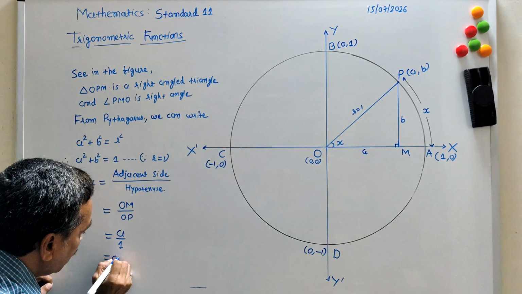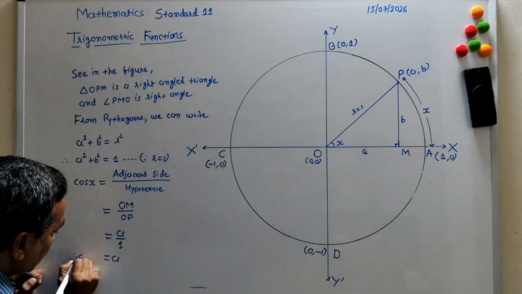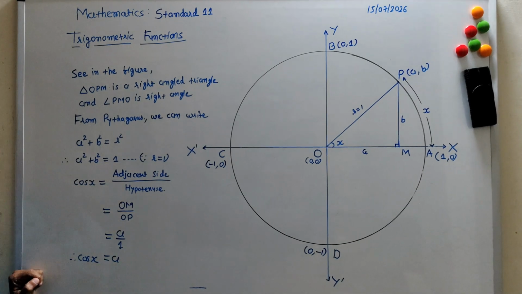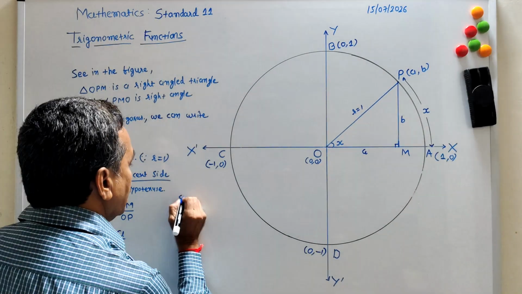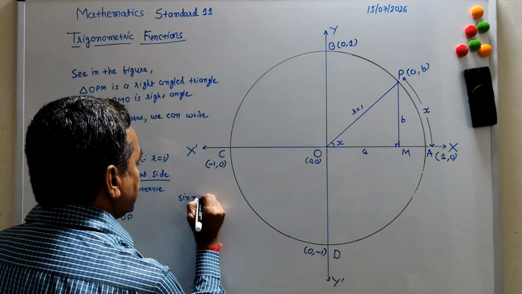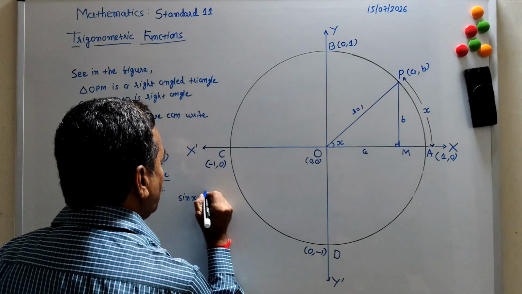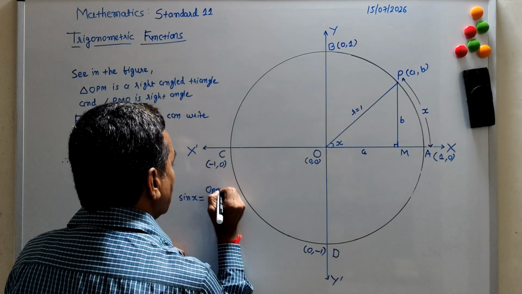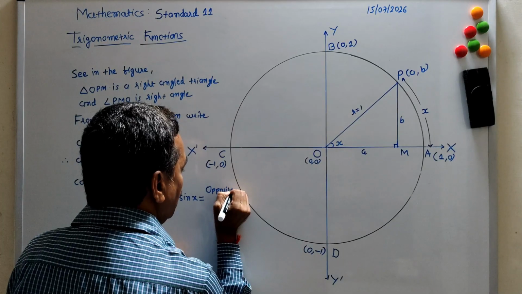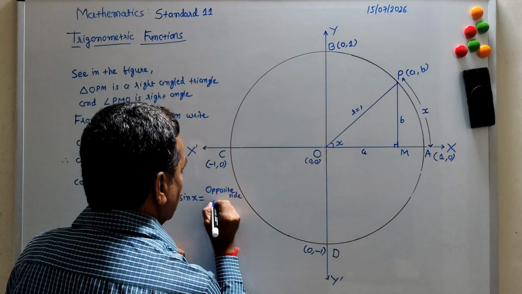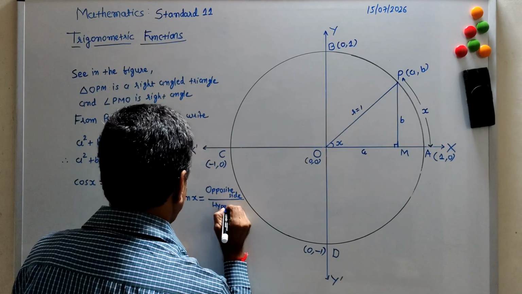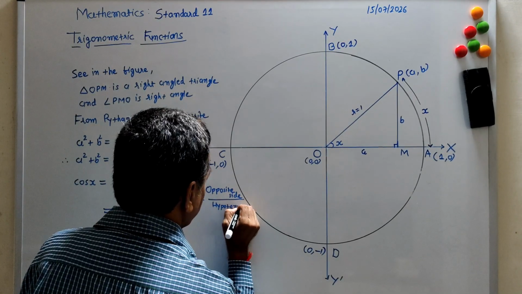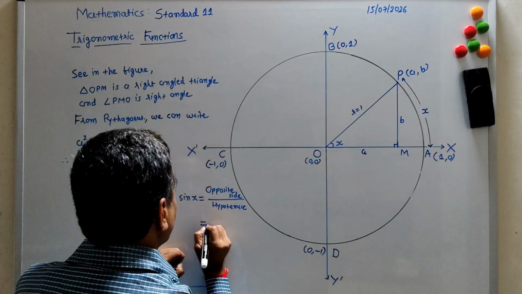So A is equal to A. Therefore, our cos x is equal to A. Now, sin x is equal to opposite side divided by hypotenuse.